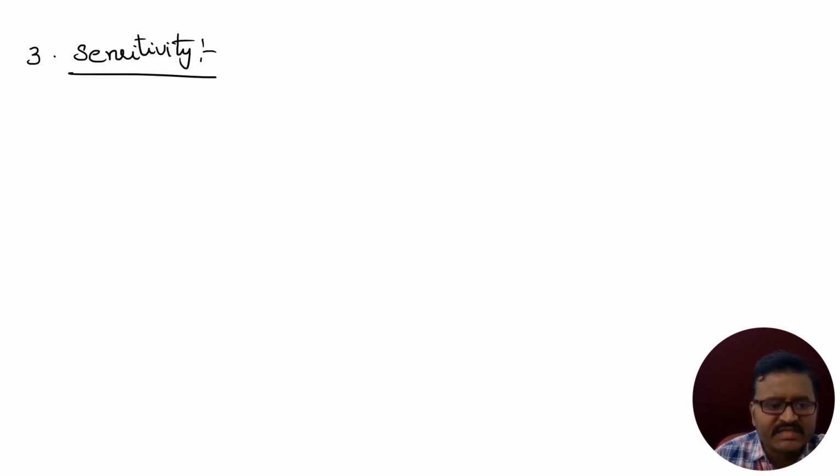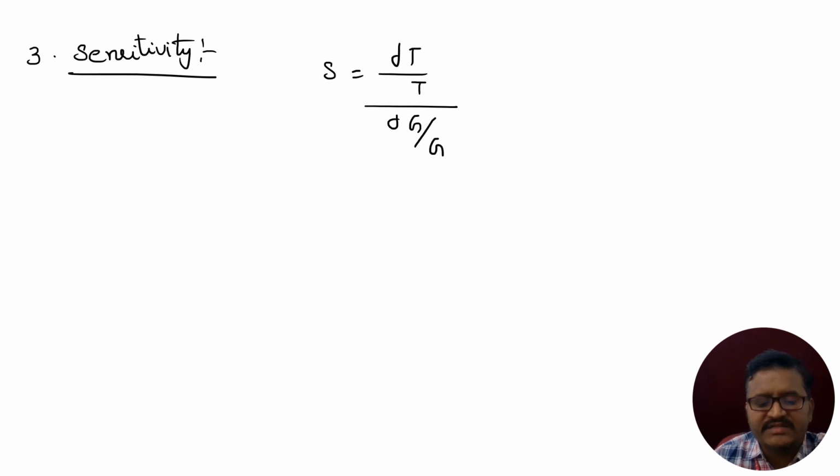The next factor, sensitivity. Sensitivity is defined as ∂T by ∂G by G. It is the percentage change in the total transfer function with respect to the percentage change in the gain.